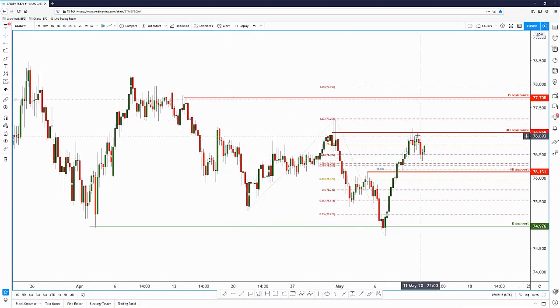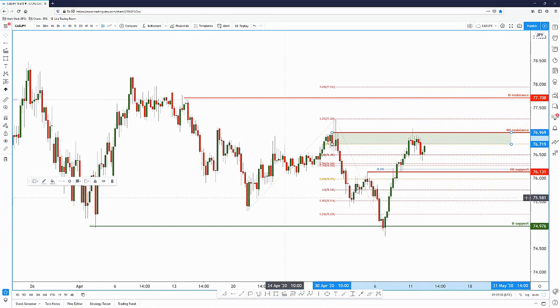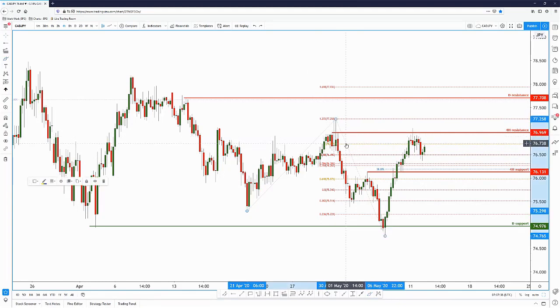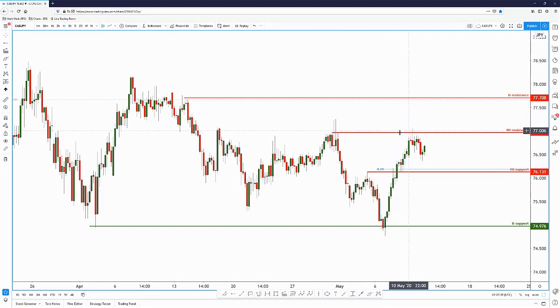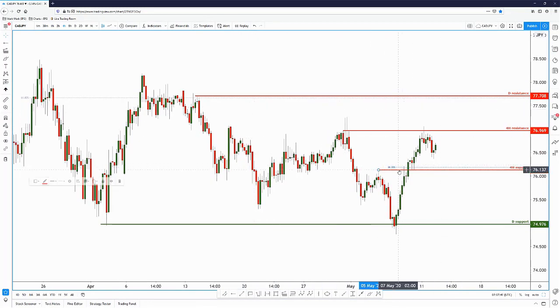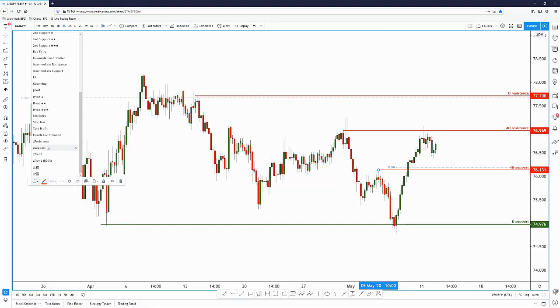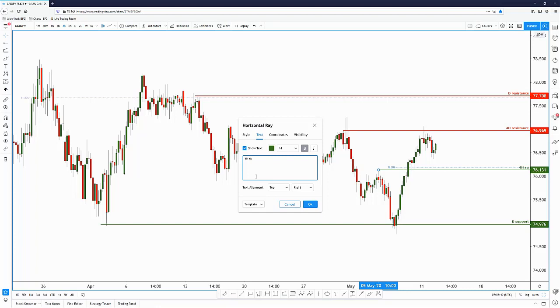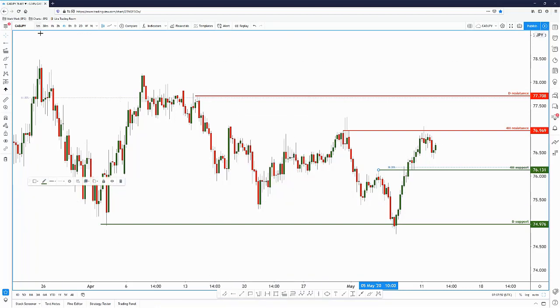We see that this entire zone falls quite close to the 100%, which is why we see price testing it multiple times. But since it does not line up that nicely, you can remove it and ignore it for now, and just remember that this is in fact a zone. Let me change the color of this. And with that, let's go down to the 1 hour.